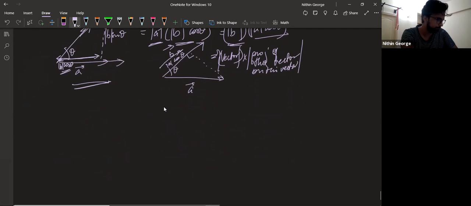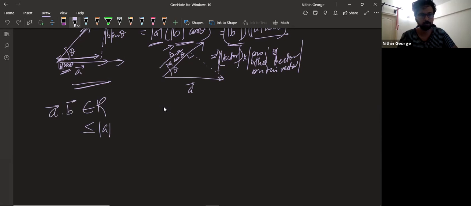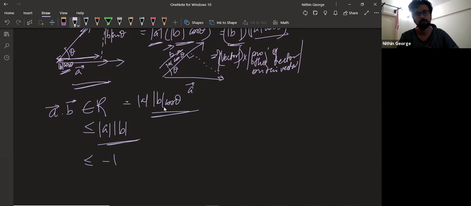Now, we know that dot product is a real number. It will be less than or equal to mod A into mod B, because cos theta can take a maximum value of 1. And it will be greater than or equal to minus mod A into mod B, because cos theta's minimum value is -1.